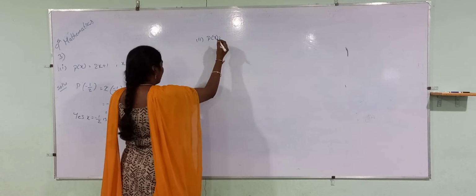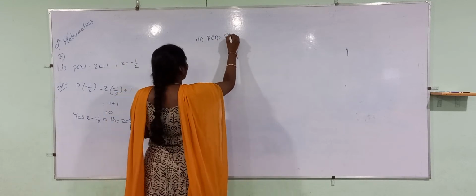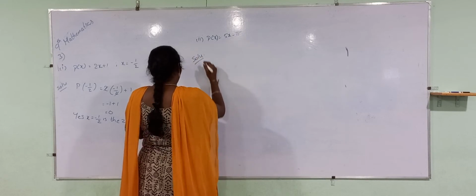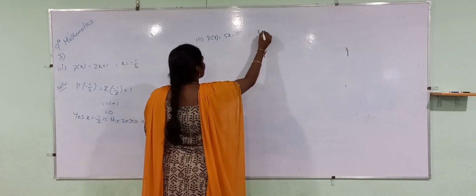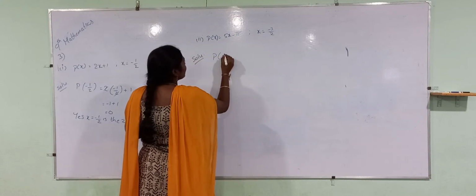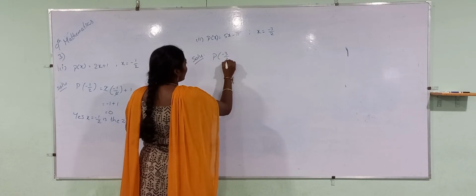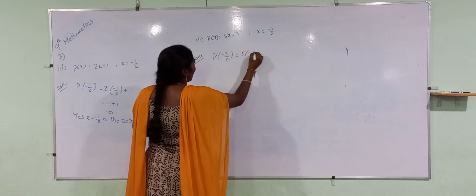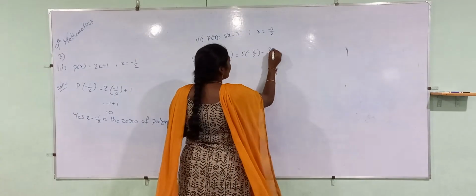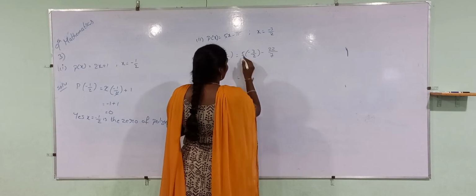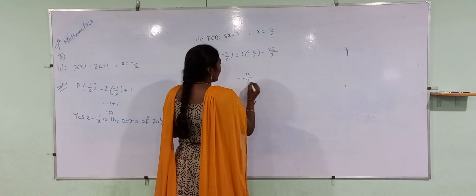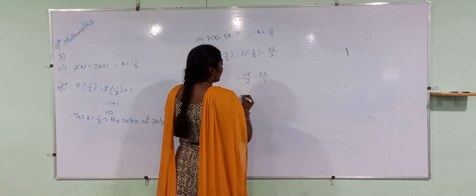P of x is equal to 5x minus pi. And what is the x value they have mentioned? Minus 3 by 2. So substitute the same. P of minus 3 by 2 is equal to 5 into minus 3 by 2 minus, what is pi? 22 by 7. 5 into 3, minus 15 divided by 2, minus 22 by 7.